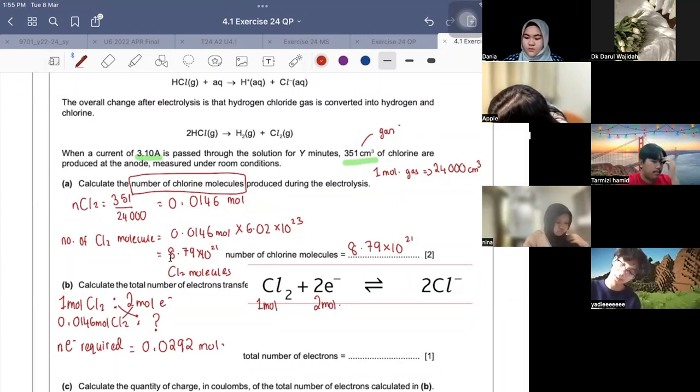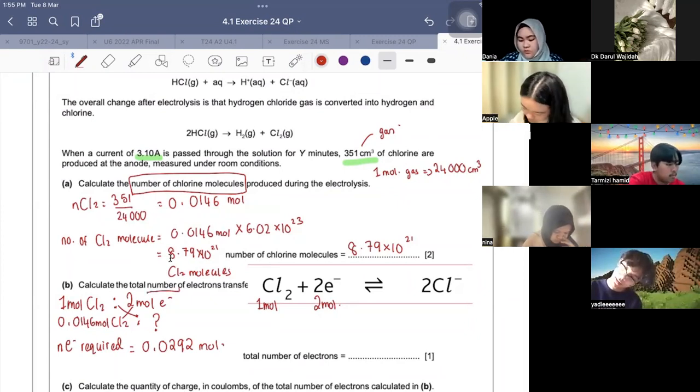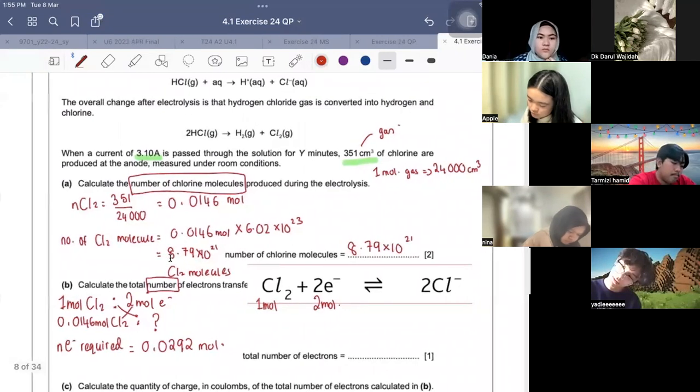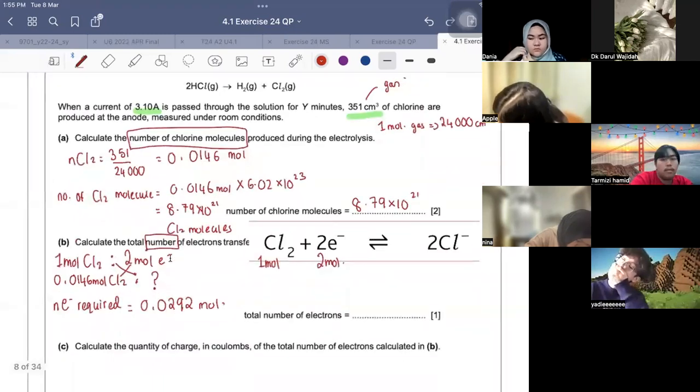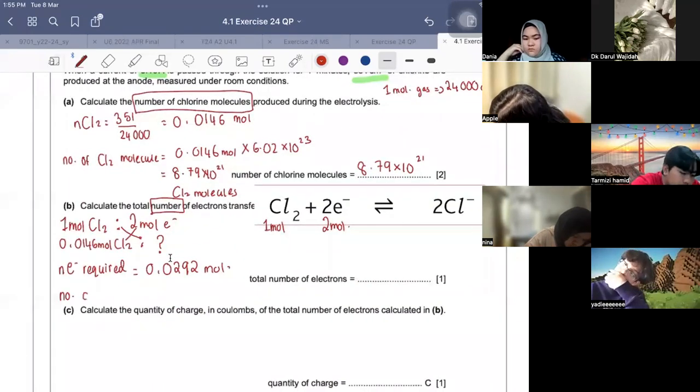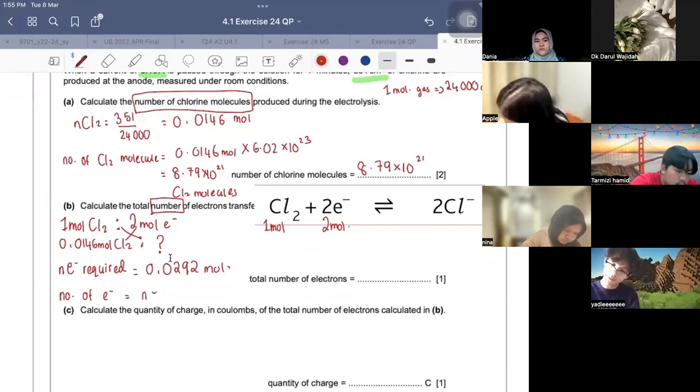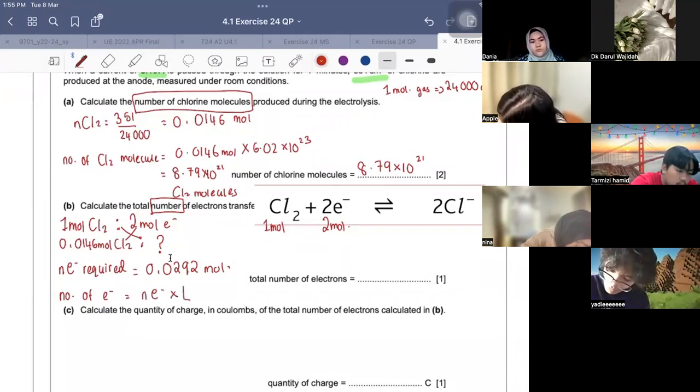Okay, but they don't want number of moles, they want the total number, how many units of electrons. So that means to find the number, same thing, number of electrons is equal to number of mole times Avogadro's constant.